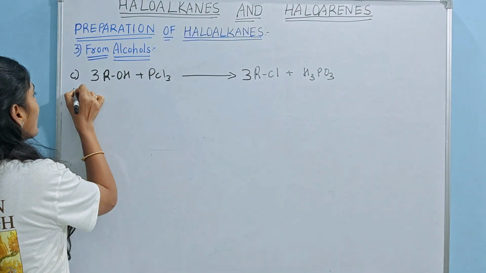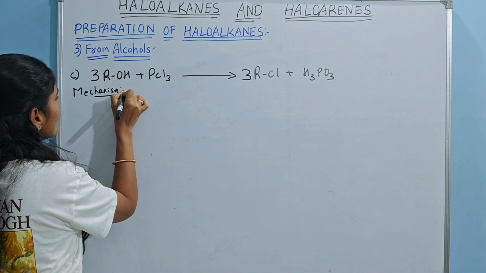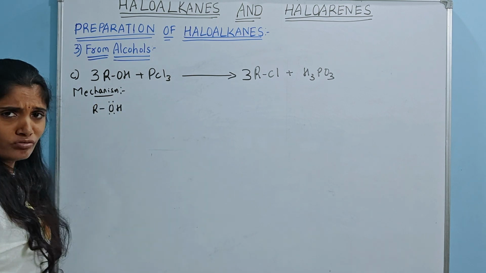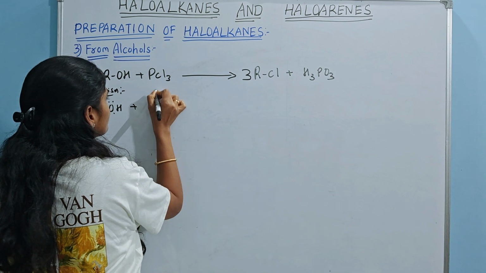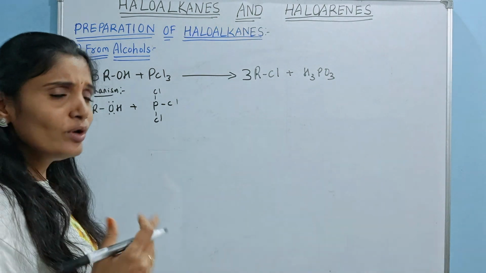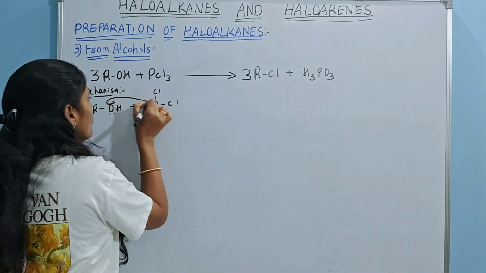Now in the mechanism of this reaction, first let me take 1 mole of alcohol. Oxygen has its lone pair of electrons. Now it will react with PCl3. As I have been telling you, even in PCl5, phosphorus would want to take the lone pair of electrons from oxygen.